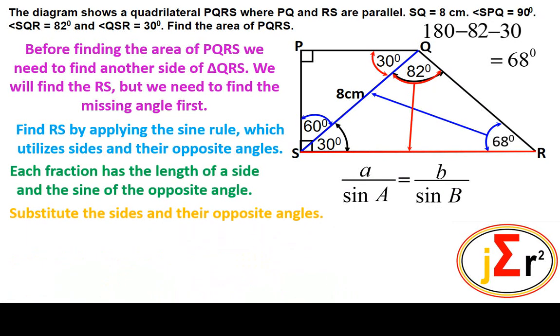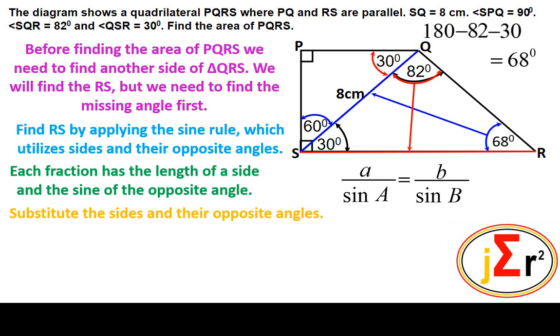Substitute the sides and their opposite angles. When we are through, students, we can only solve this equation if there is only one unknown, because we have just a single equation. Therefore, the side that we are attempting to find has to be the only unknown.